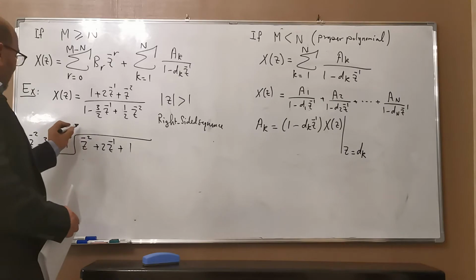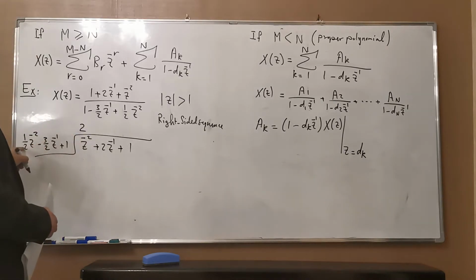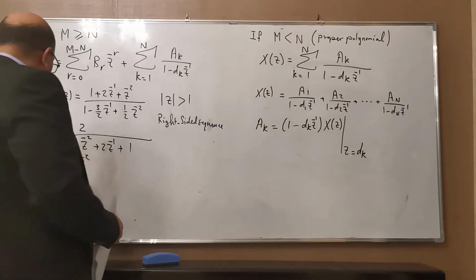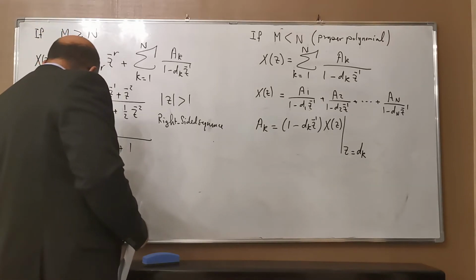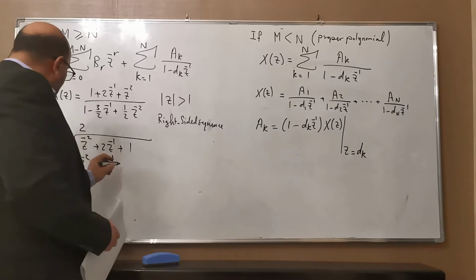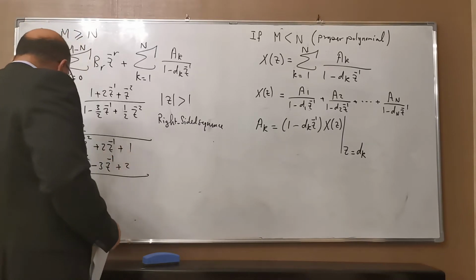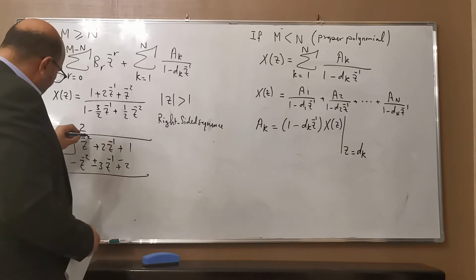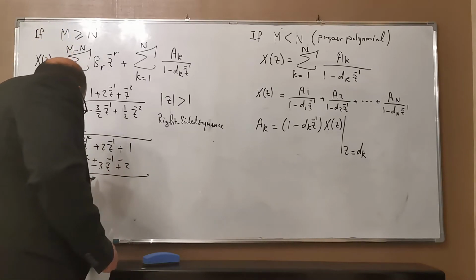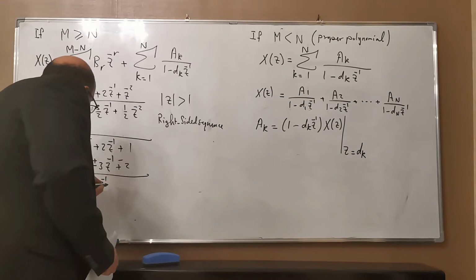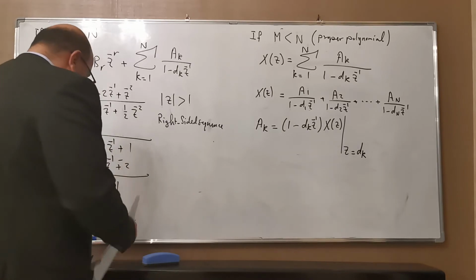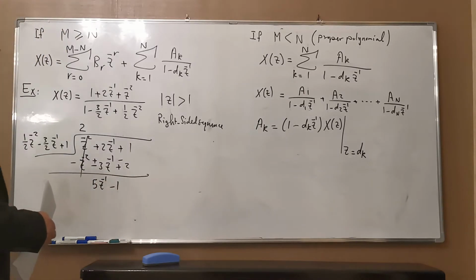And here I'm going to multiply by 2. So 2 times 1/2 z to the minus 2, 2 minus 3 z inverse, 2 times 1 plus 2, and then we subtract. So this will cancel, and you will have here 5 z inverse minus 1. Okay, 5z inverse minus 1.